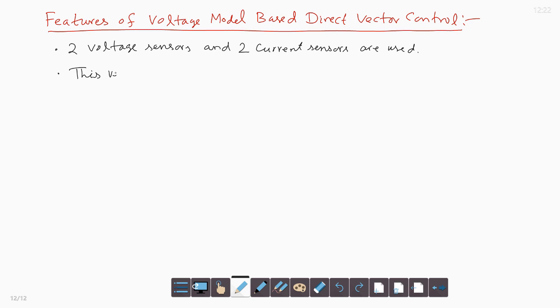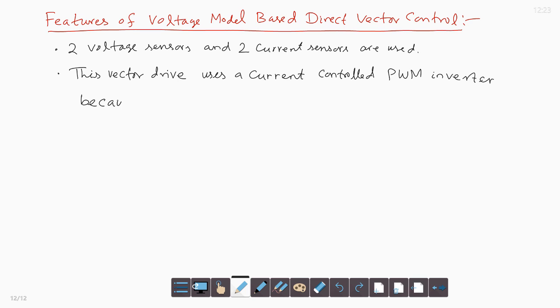This vector drive uses a current controlled PWM inverter, because both flux and torque are directly related to current.